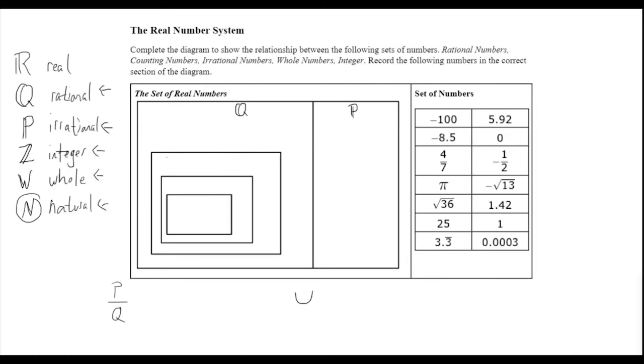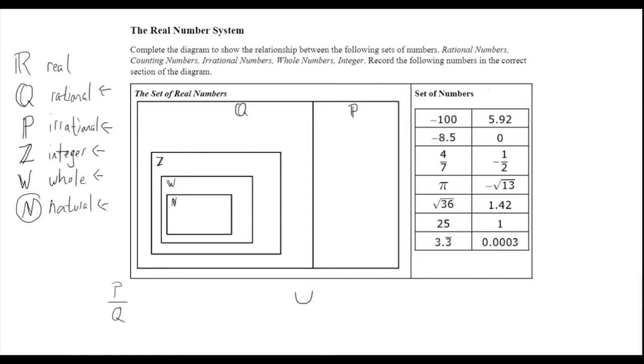Which one has the most potential values? In this case, it's the integers given by double struck Z, because it has both negative and positive whole numbers. Below that is, of course, the whole numbers. And finally, the naturals or the counting numbers, depending on how you want to say it.